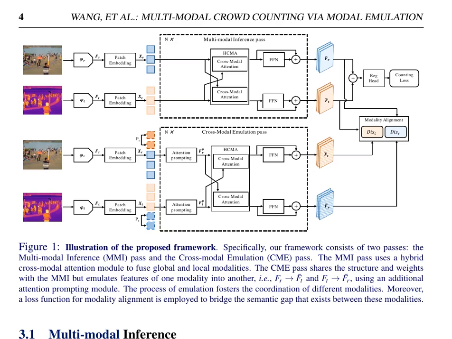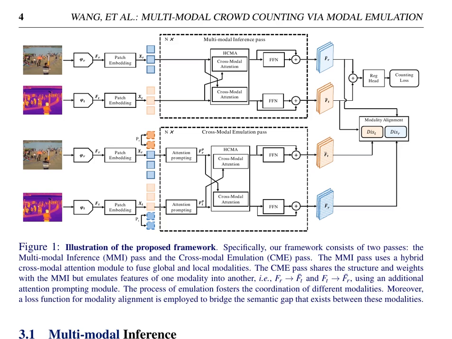The proposed framework consists of 2 passes, multimodal inference (MMI) and cross-modal emulation (CME). In the MMI pass, a hybrid cross-modal attention module fuses global and local modalities. This module is comprised of 2 components, straight cross-modal attention (SCMA) and modulated cross-modal attention (MCMA).